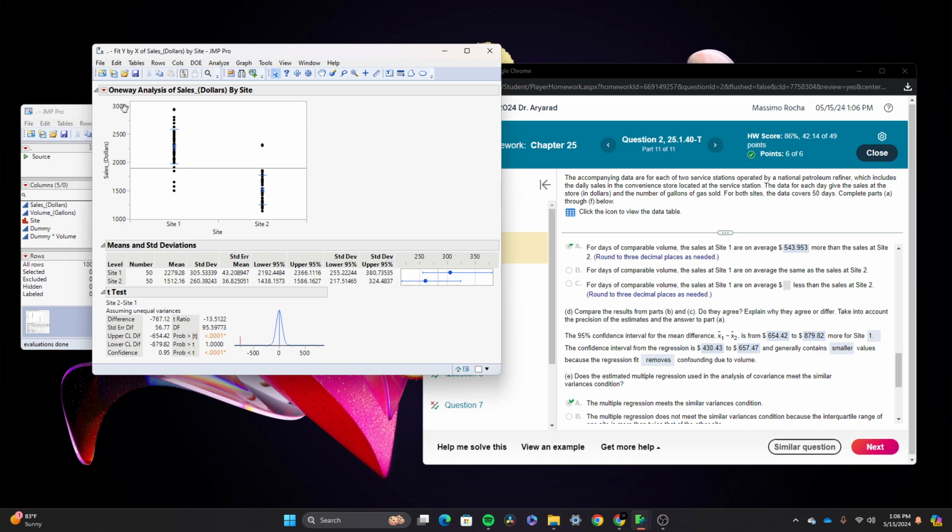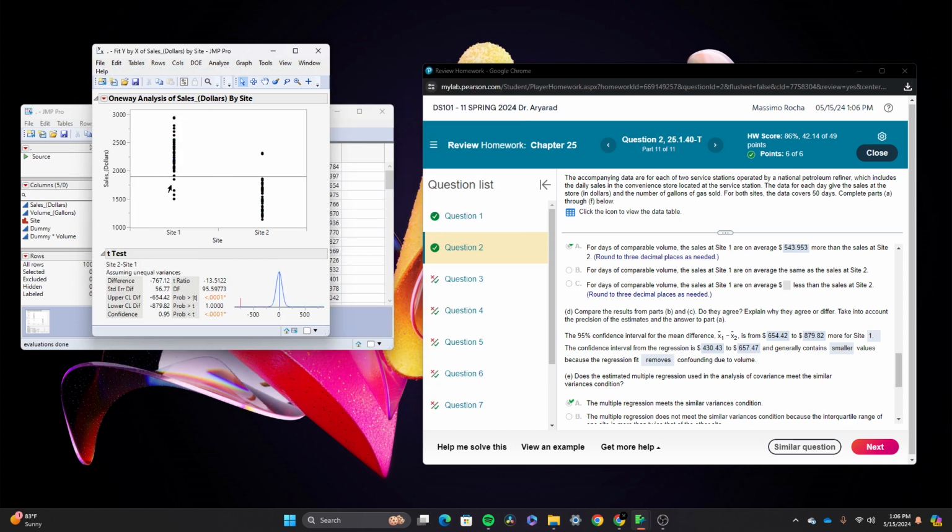Oh no, okay, we didn't need that. Only this one. For this, we're just looking to get these numbers. You look at this right here. The lower is that, and the upper is that.